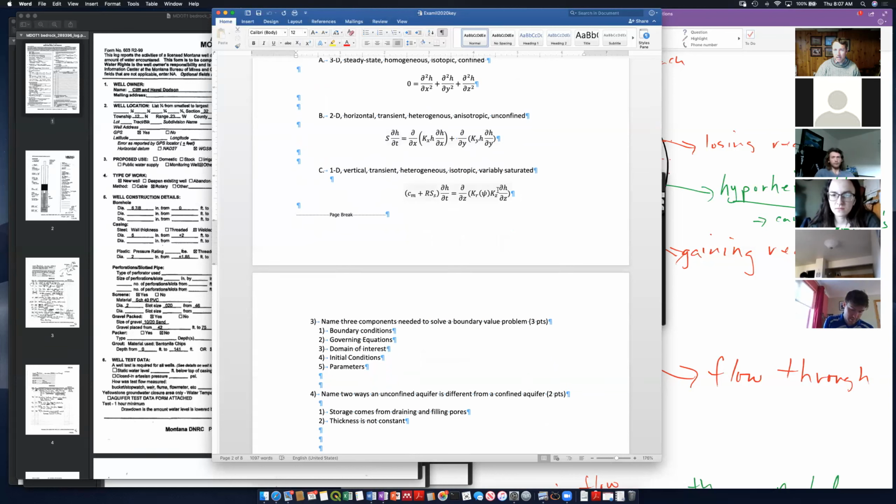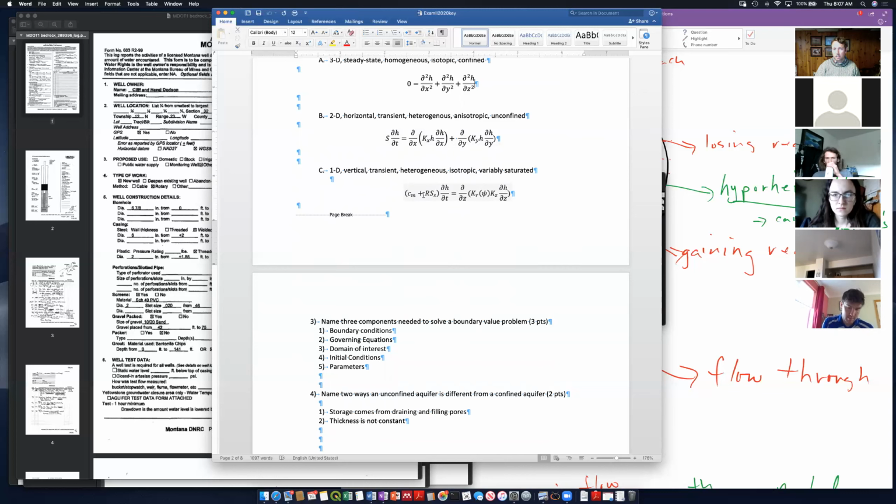For variably saturated flow, you needed to use Richards' equation. And so a lot of people were just throwing up the regular vertical confined aquifer equation, right? You need to have the relative conductivity term here.